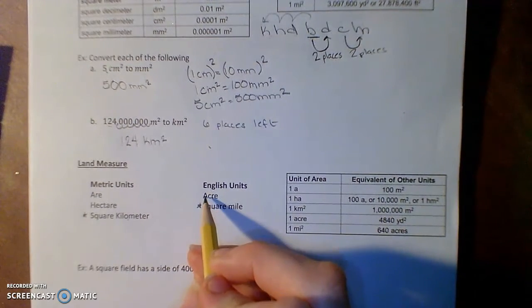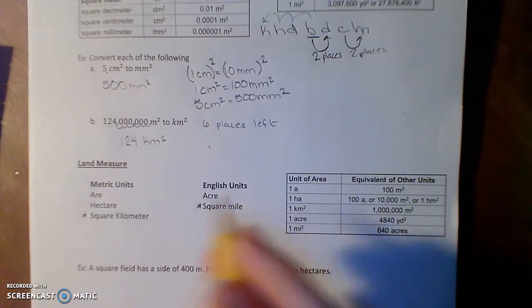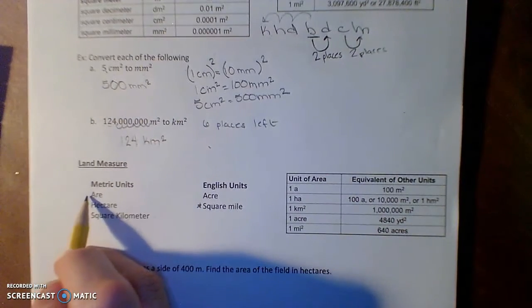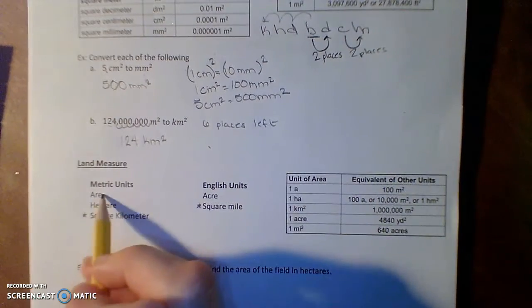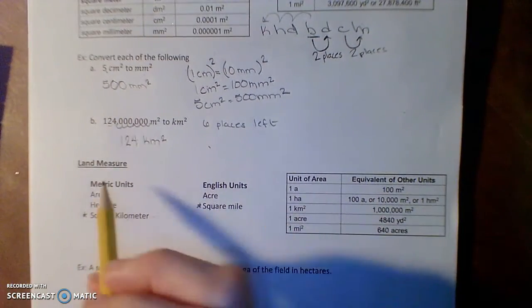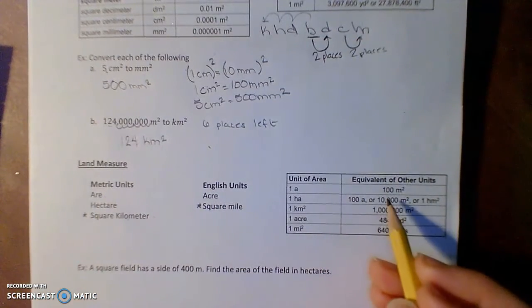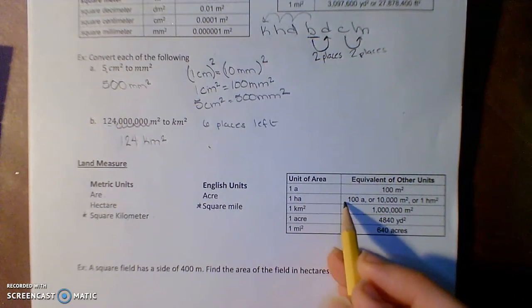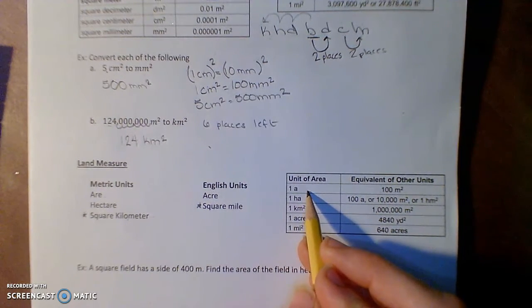Now, an acre is a two-dimensional measure that doesn't have any one-dimensional analog, right? It only begins its life as a two-dimensional measurement. So we've got acres. Same thing with are. This would be the base unit for a whole bunch of measurements using the metric system. So you have an are, which is 100 square meters, and a hectare, which is 100 ares.